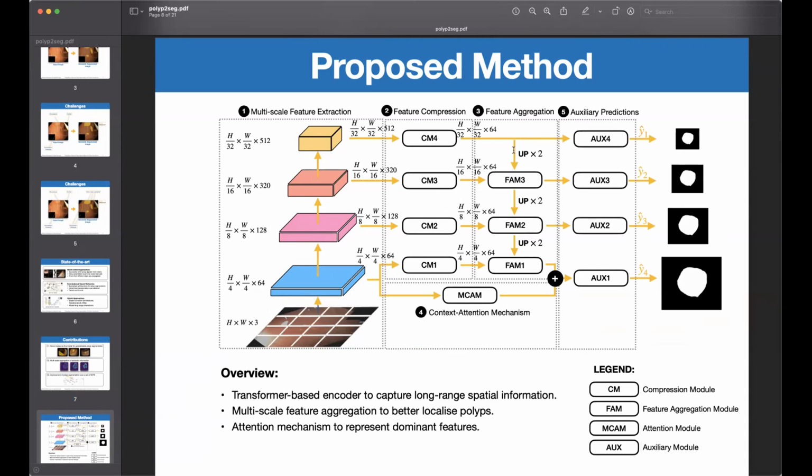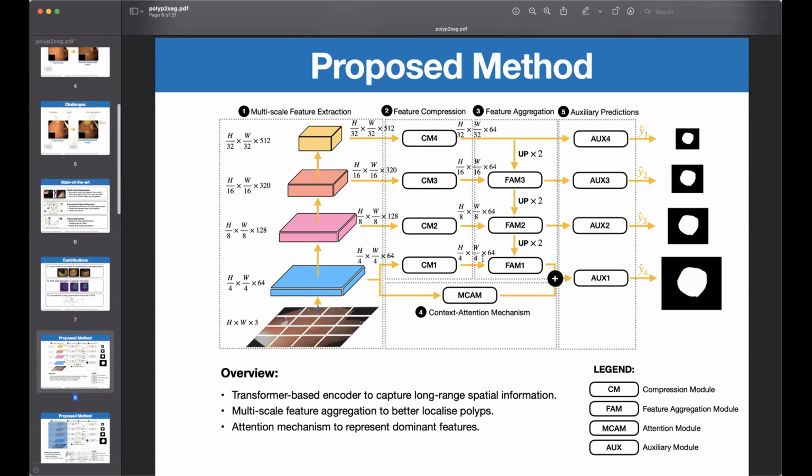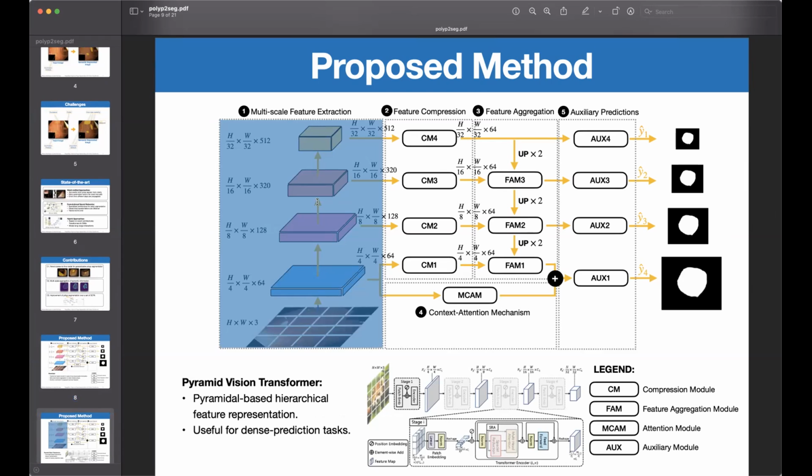We have a third component in which we aggregate directly feature scales, and then we have this deep supervision approach in order to obtain a better refined polyp segment result. So we are going to go step by step over the different components of our proposed approach.